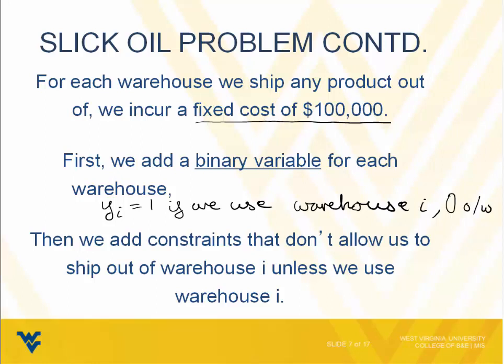Then we add our forcing constraints, our dependent demand constraints, right? Where we ship out of the warehouse only if that warehouse is open. We just looked at those dependent constraints.